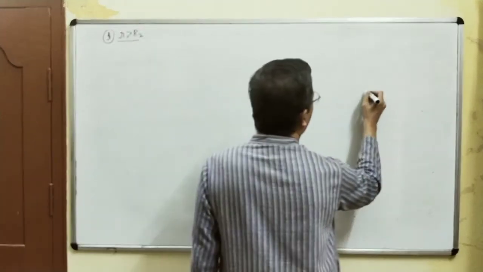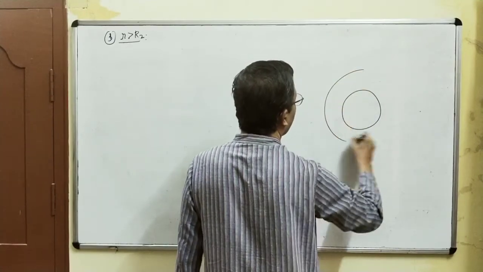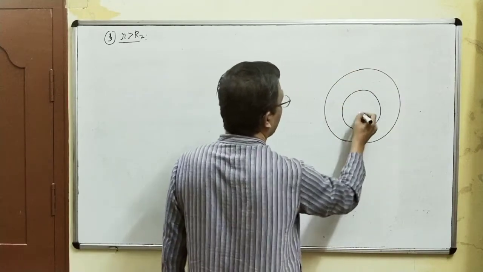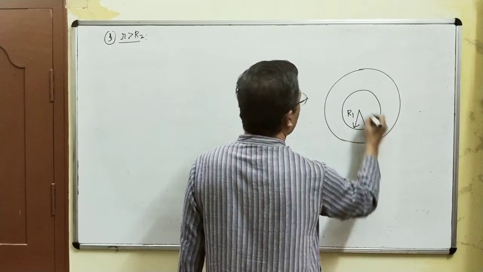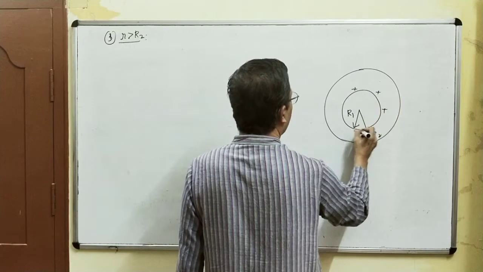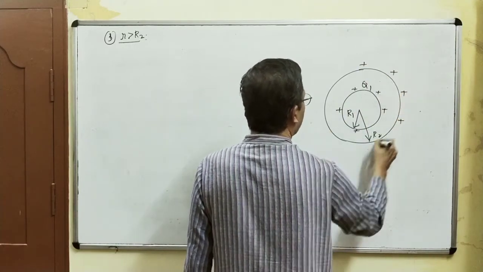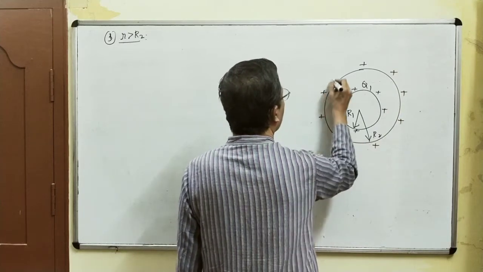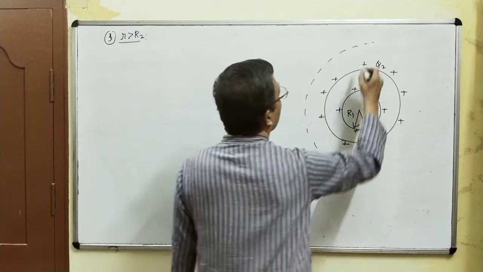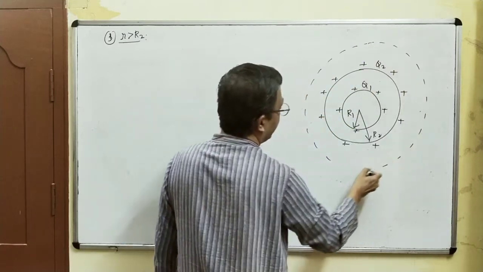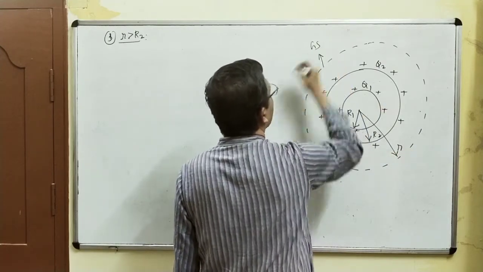So again we draw the concentric spherical shell system. The inner spherical shell has a radius R1, the outer one has radius R2. Total charge residing on the inner spherical shell is Q1. Total charge residing on the surface of the outer shell is Q2. Now the Gaussian surface has a radius equal to r. The dotted one refers to the Gaussian surface.